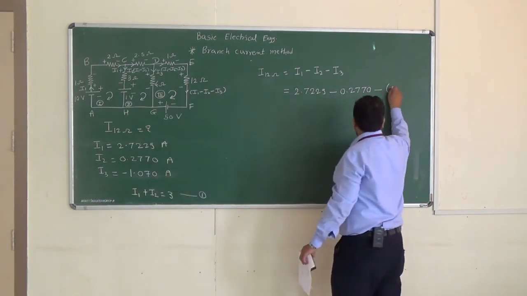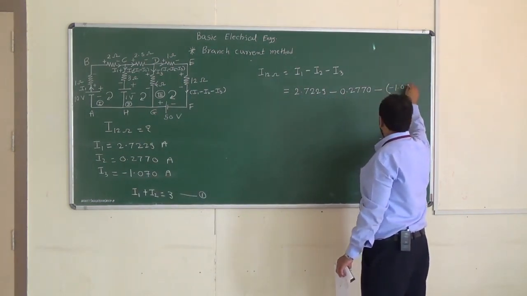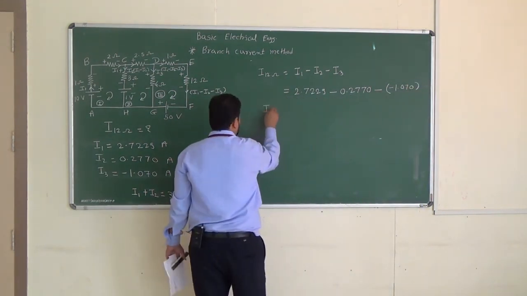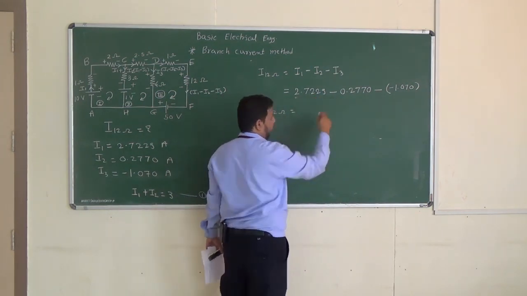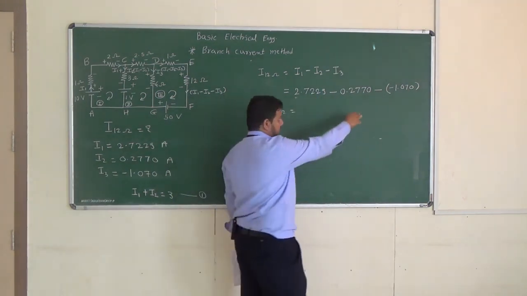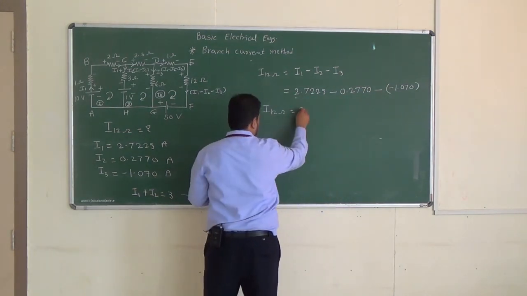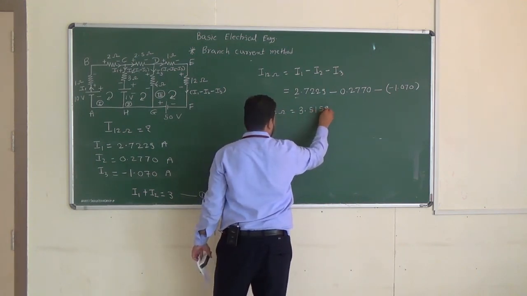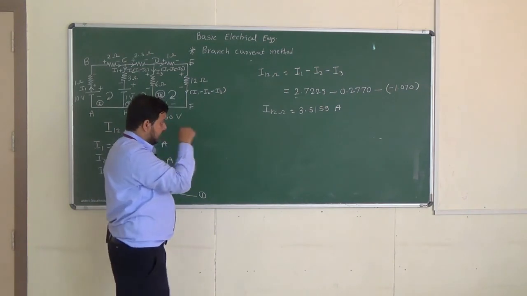So here we are getting negative, so we have to keep it as it is, minus 1.070. Now if you simplify this, it will be 2.7229 minus 0.2770 plus 1.070. So its final answer will be 3.5159 ampere.